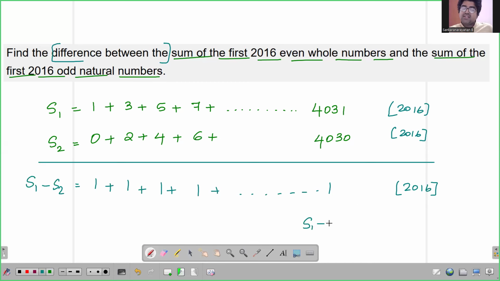So the required difference is equal to 2016. Got it? The answer for this question, the difference between the sum of the first 2016 even whole numbers and the sum of the first 2016 odd natural numbers, my final answer is 2016. And that brings the conclusion to this particular question.